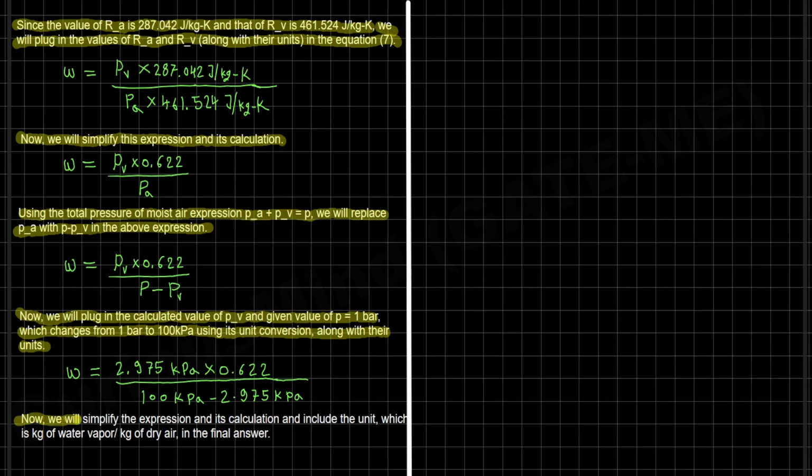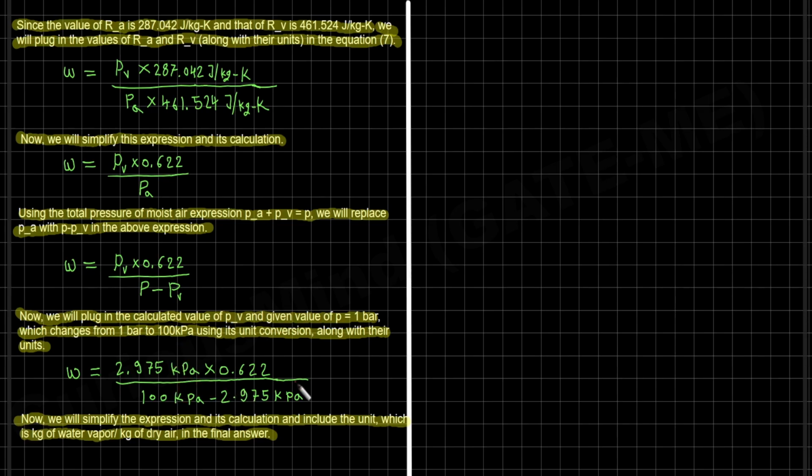Now we will simplify this expression and its calculation and include the unit, which is kg of water vapor per kg of dry air, in the final answer. So we will simplify this expression and its calculation.